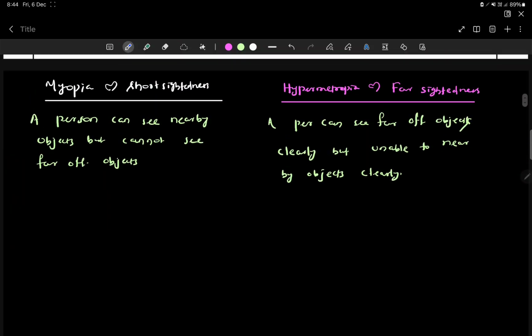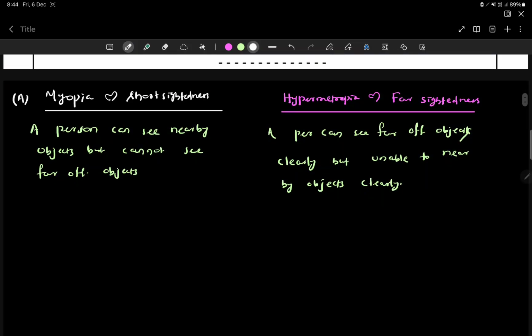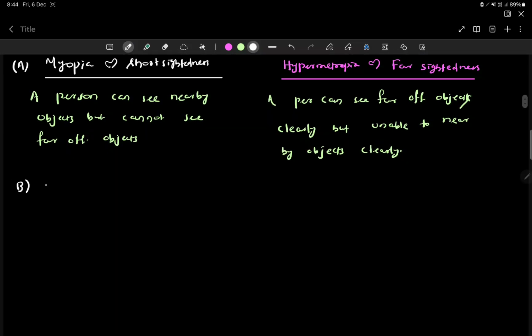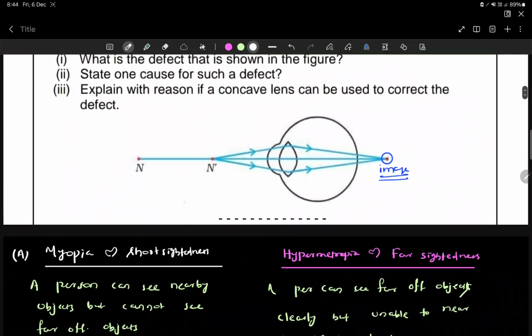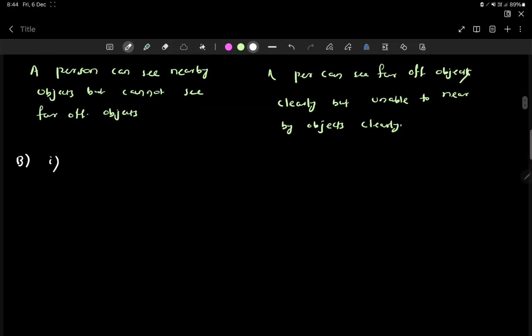So this is the answer of bit A, and in bit B, as image is formed behind the retina, the defect is hypermetropia.